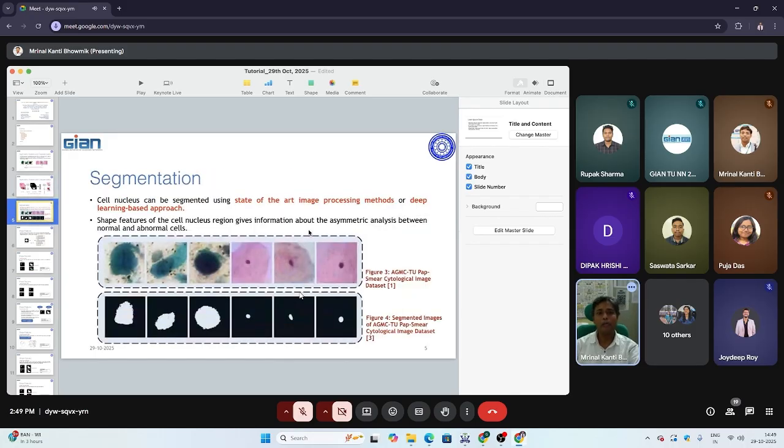Now, using the same data set, one is the Agartala Government Medical College and Tripura University data set, which we have created or collected from AGMC. So from this slide, I will request Shormishta to proceed with the demonstration.